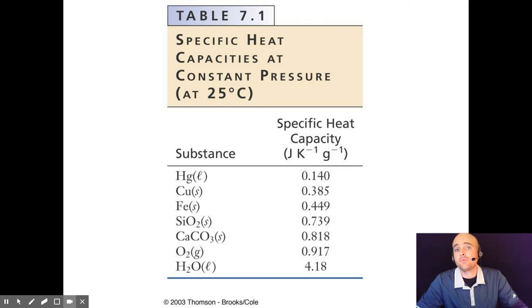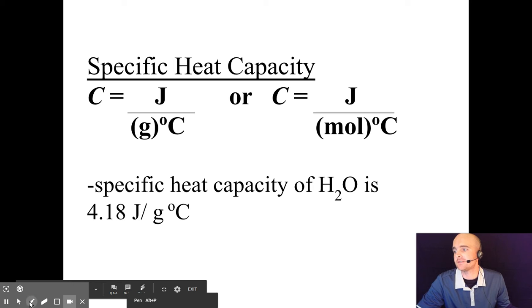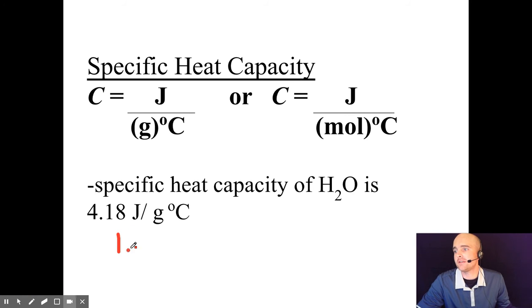So you may have wondered, when am I going to get back to that calorie? The specific heat of water, I'm going to go back one slide. Specific heat of water is 4.18 joules per gram degree Celsius. Now, the English unit for this is actually 1.00 calories per gram degree Celsius.